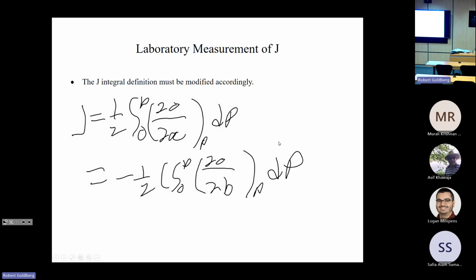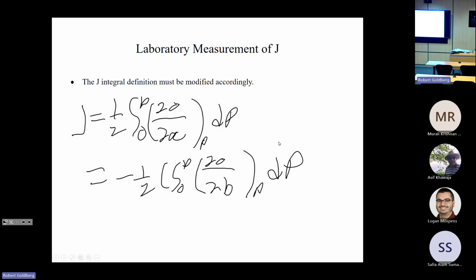So we modified our J integral definition for this case, just to take into account the crack length and the distance between the cracks.